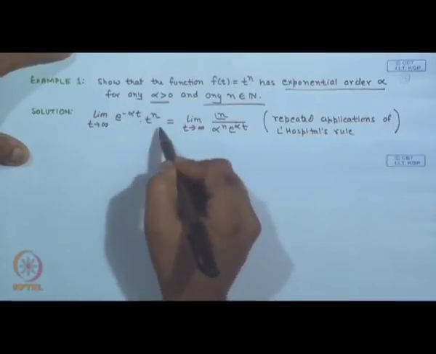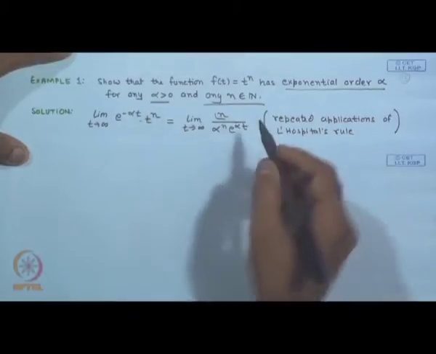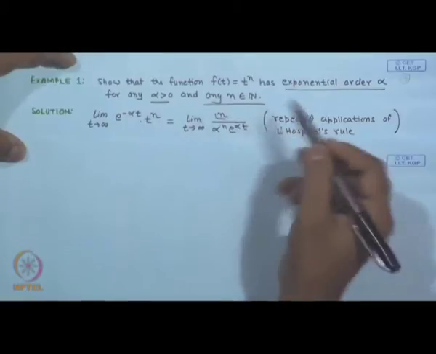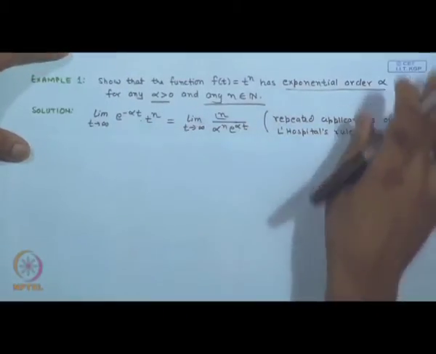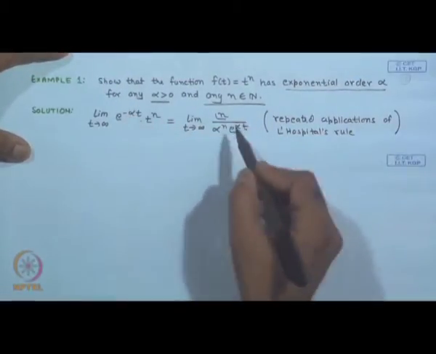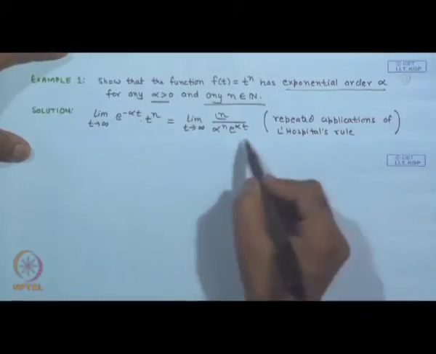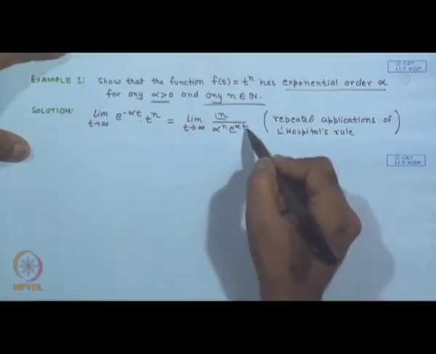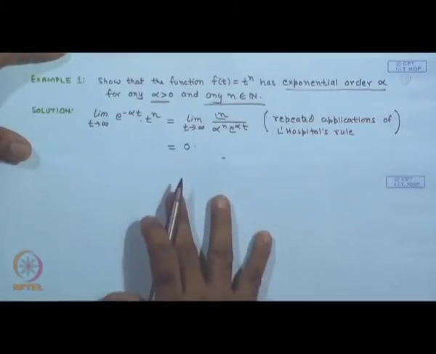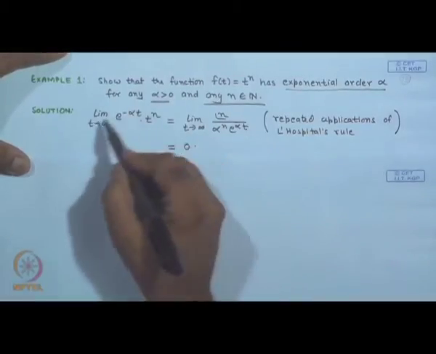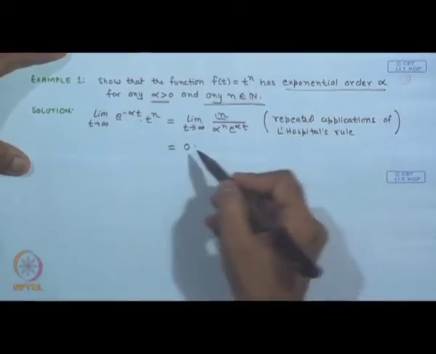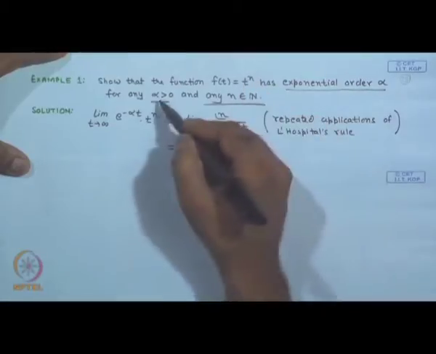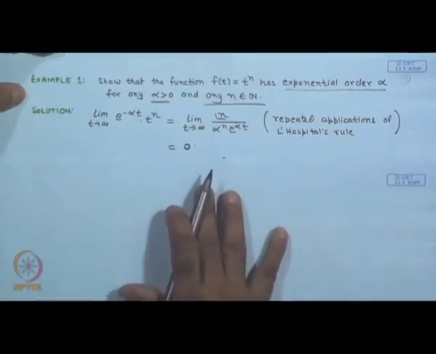So, we can apply L'Hopital's rule n times to get n factorial out of t^n when we differentiate it n times, and in the denominator we get alpha^n e^(alpha t). If now we let t tend to infinity, we see that this is 0. So, this function t^n is of exponential order for any n and for any alpha.